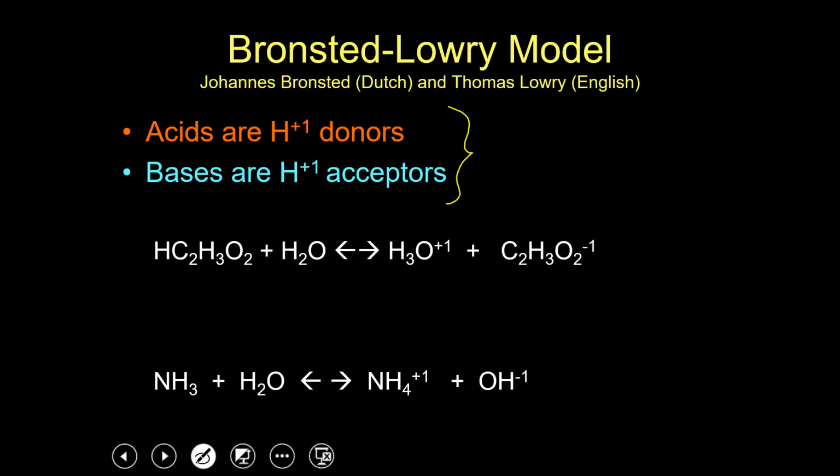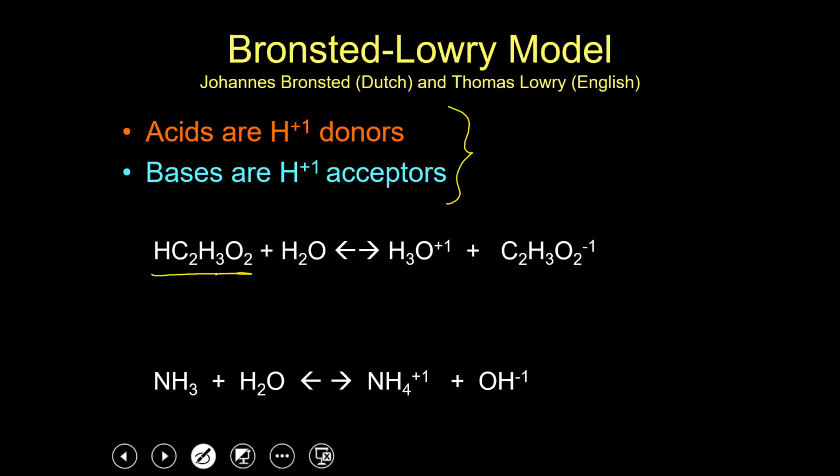An acid is something that will donate an H plus 1 as it reacts. And a base is something that will accept an H plus 1 throughout the course of the reaction as it reacts. So you have to look at the overall reaction and see how the molecule or particle reacts.